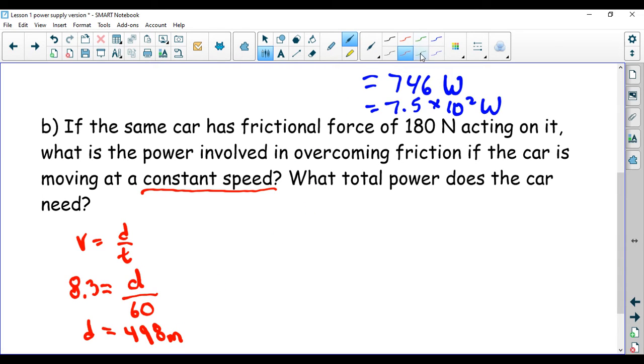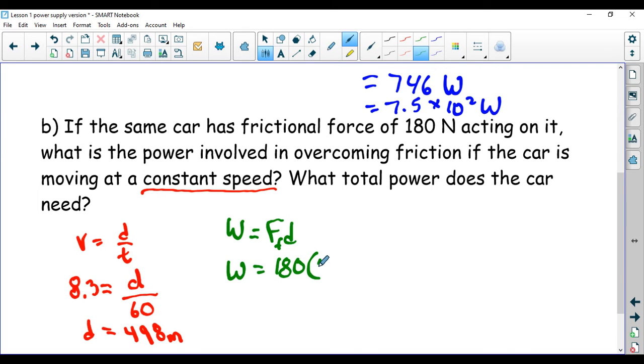And that is the tricky thing about this. It's not hard math, the power equation, but you do need to know all your other equations and you have to be able to think creatively, what am I doing? So this is going to be the force of friction. This will tell me the work done to overcome friction, which is the thing I need for my power. I know my force of friction, they gave that to me in the question.